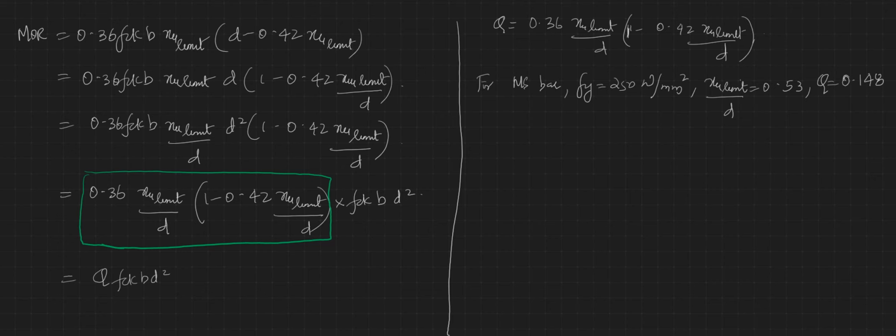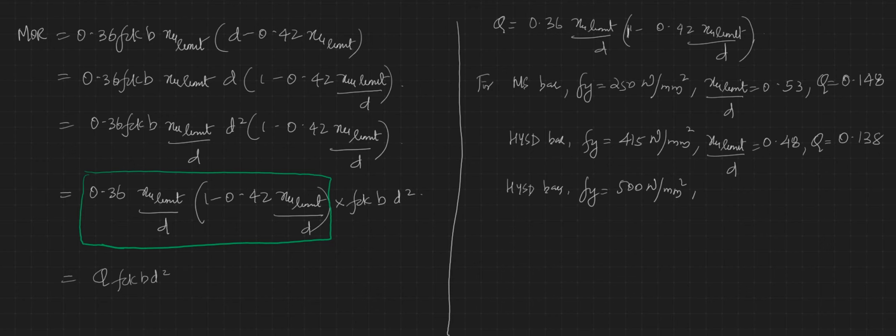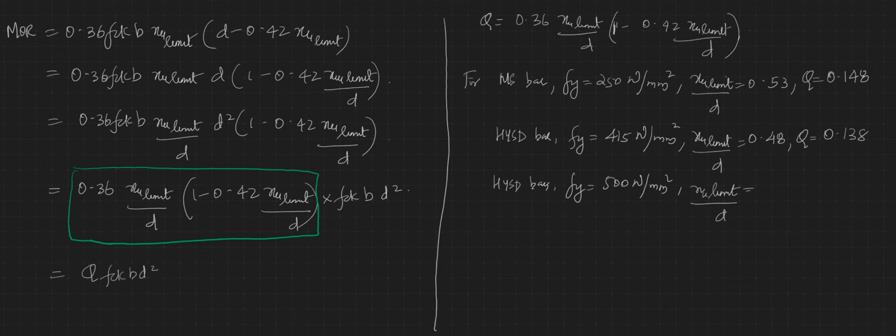For HYSD bars having Fy 415 Newton per mm square, XU limit by D is 0.48, and you get Q as 0.138. For HYSD bars having Fy 500 Newton per mm square, XU limit by D is 0.46, and you get Q as 0.133.